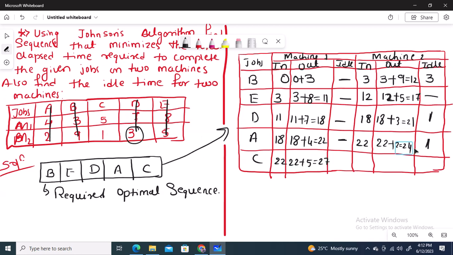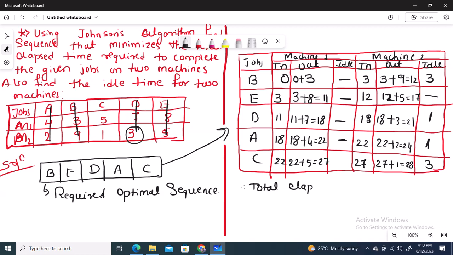Again here also, machine 2 has to wait 3 hours, because machine 1 will complete work after 27 only. So the idle time for machine 2 for job C is 3 hours. So it has to start from 27 only. So 27 plus 1, 28. Okay.